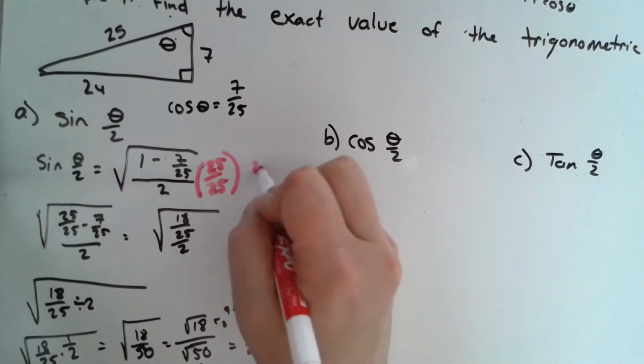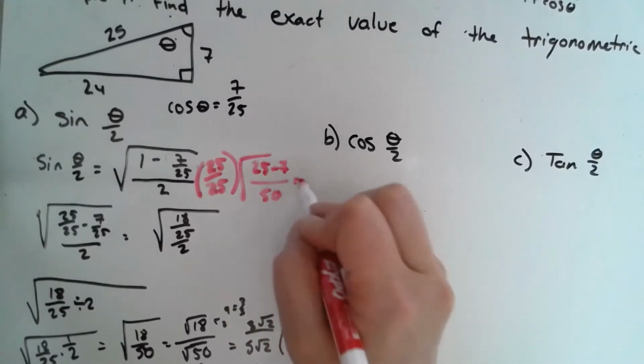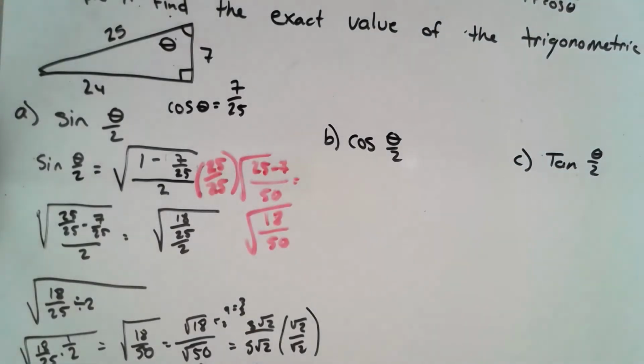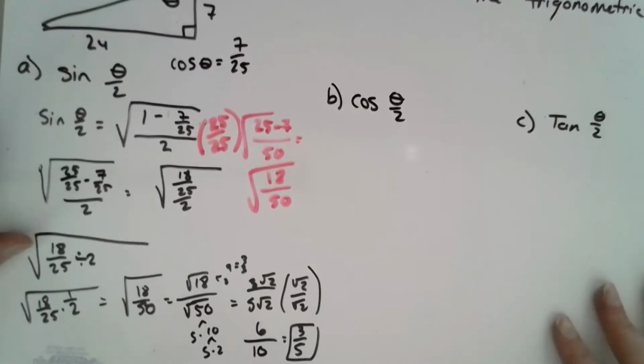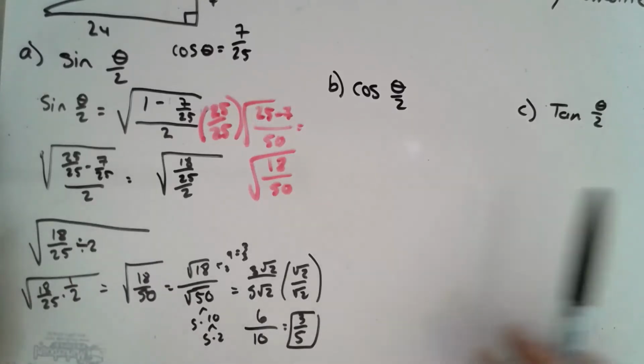So that would give me 25 minus 7 over 50, which would give us 18/50. You see how that just made it a little bit faster. You don't have to do it that way. If that doesn't make sense, don't worry about it. Do it the other way. And when I say long way, it's long only because it takes more steps, but it's not any less or more correct than the shortcut way. So we got cosine of theta halves is 3/5.